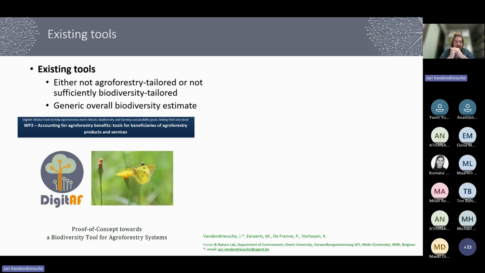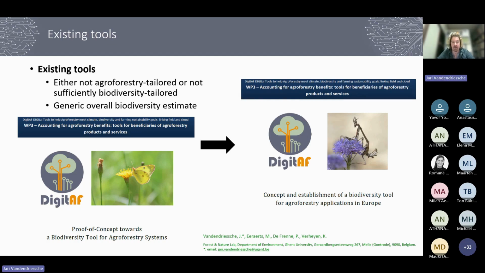Other studies only represented an overall biodiversity estimate, while we wanted to go broader. So then we developed a biodiversity model or tool that could incorporate those things.